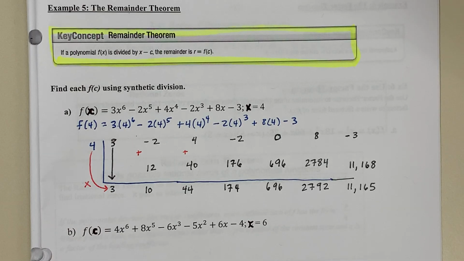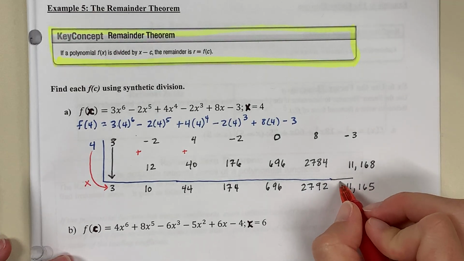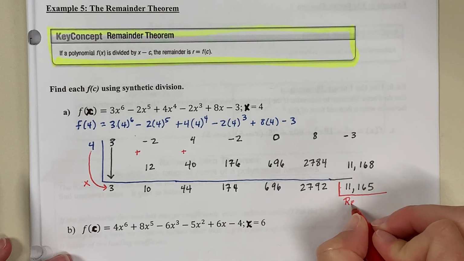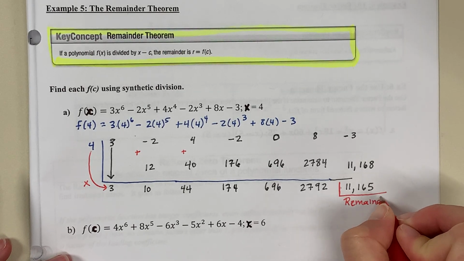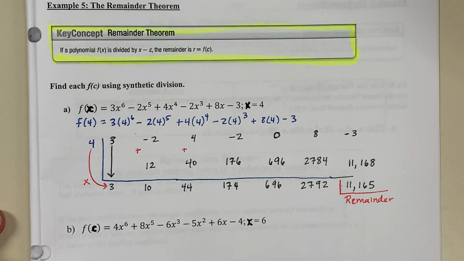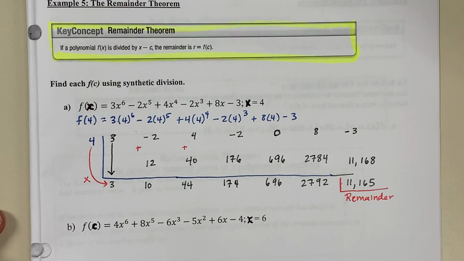The very last number when I use synthetic division is the remainder. That means that did not divide evenly into the polynomial, and that's what we had left over after we divided. Now the remainder is equivalent to evaluating the function when x is 4.